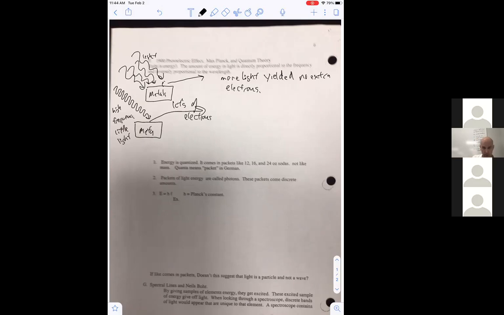So don't write this down. The next thing I'm going to write, don't write it down. Light is different than the other waves, like sound and earthquake, tidal waves. For all other waves, the energy is proportional to their amplitude. The squiggly line means proportional to.